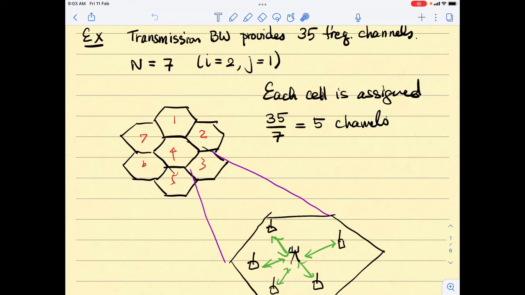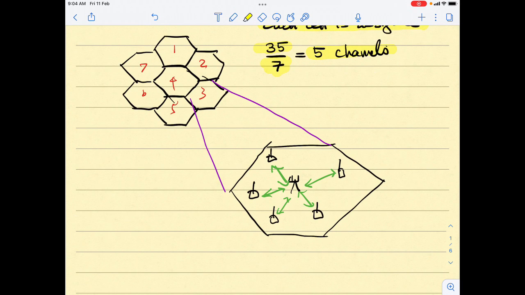Remember, there are 35 of them, and they will be assigned non-overlapping frequencies. That's the total number of frequency channels, and there are 7 cells, so each cell will be allocated 5 channels. If we zoom in and look at one cell, there's a base station in the middle.